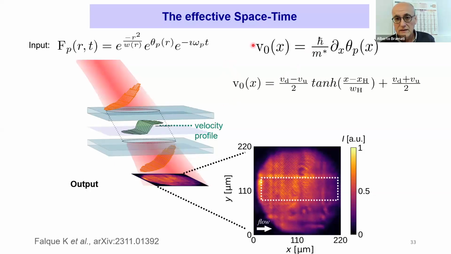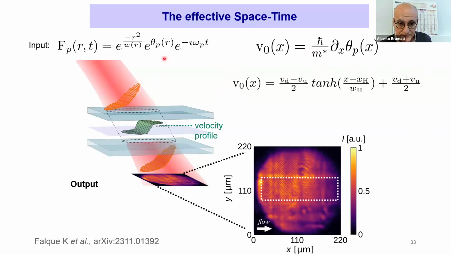So we can design the phase of our fluid using a spatial light modulator, and then we can also control the velocity profile of the fluid.